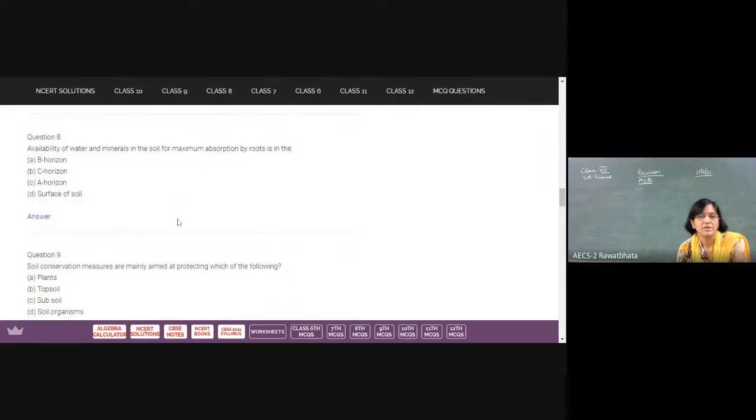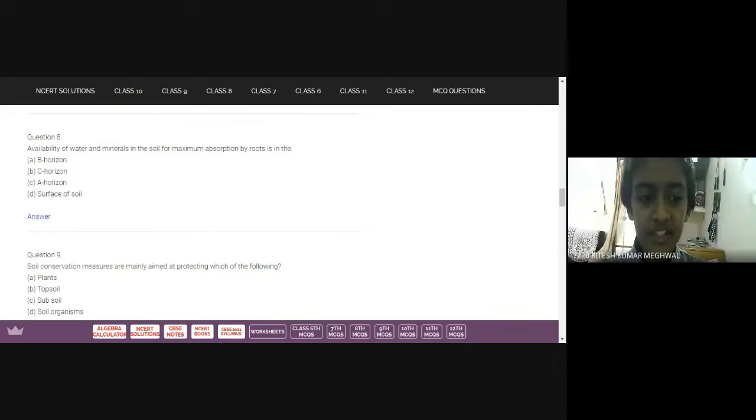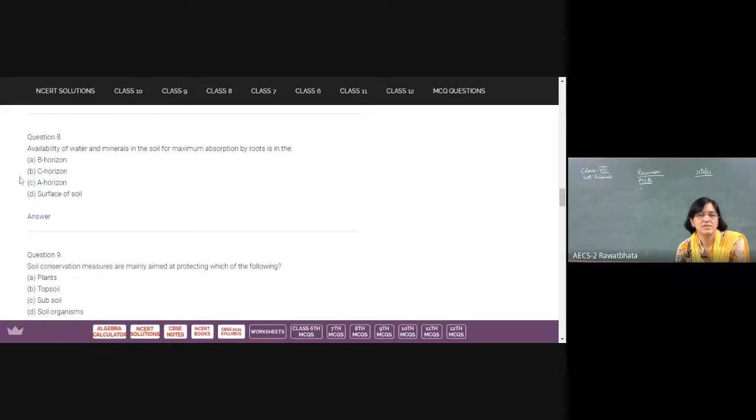Very good, correct. Question number 8. Availability of water and minerals for maximum absorption by roots. In which horizon is it? Ritesh, ma'am, option C, A horizon. Let's see if that is the answer.